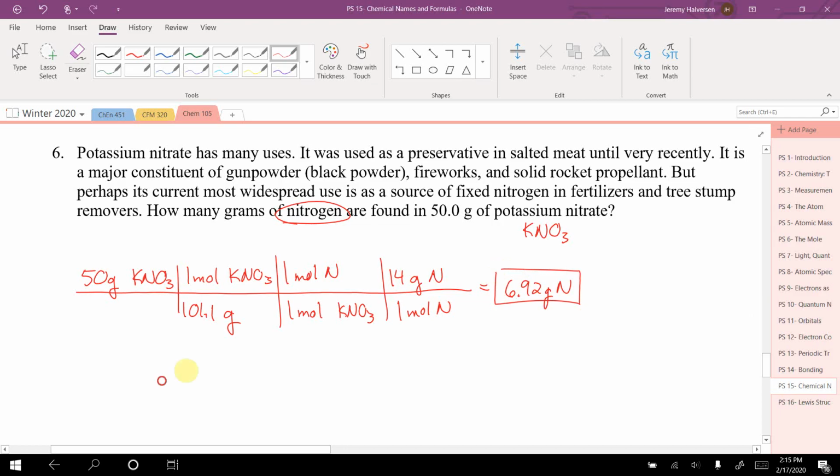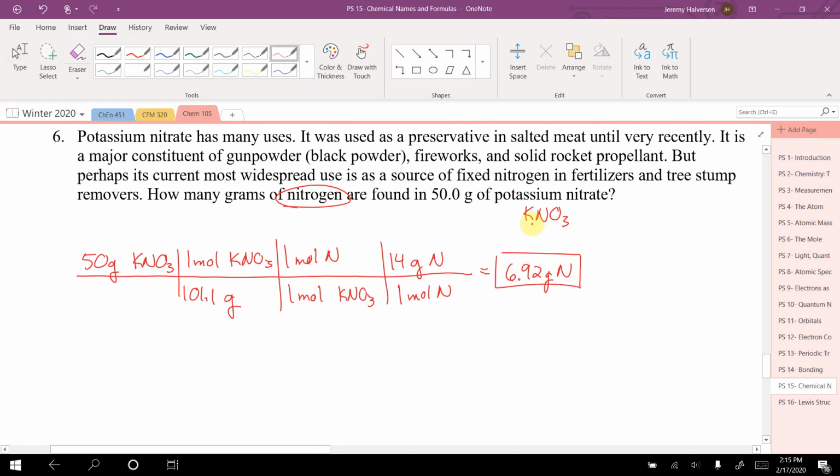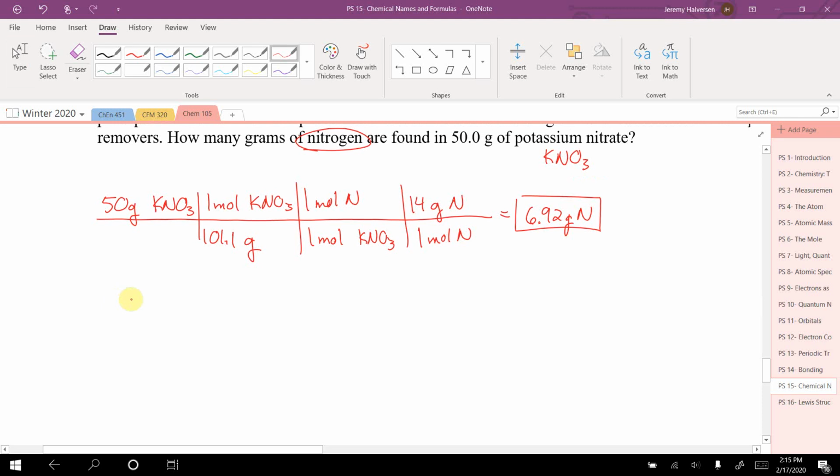The other way to solve this problem is to figure out what percent of the mass of potassium nitrate is nitrogen. So to do that, I would say how many grams of nitrogen in grams of KNO3.